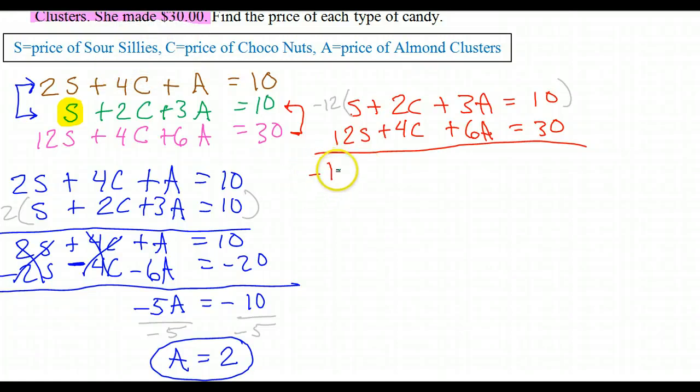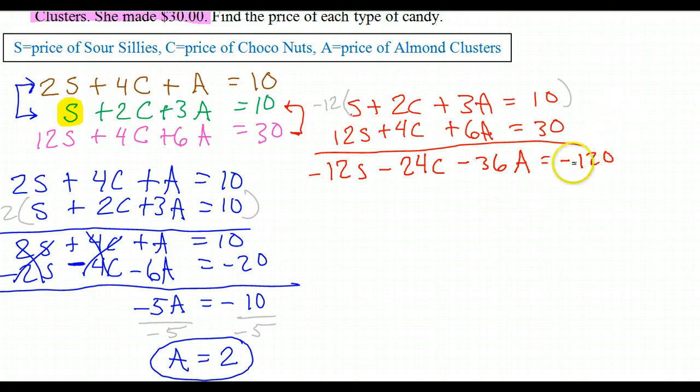So this is going to give me negative 12s minus 24c minus 36a is equal to negative 120. That's from multiplying the top equation by negative 12. The bottom equation, I'm just going to bring it down. So 12s plus 4c plus 6a is equal to 30.